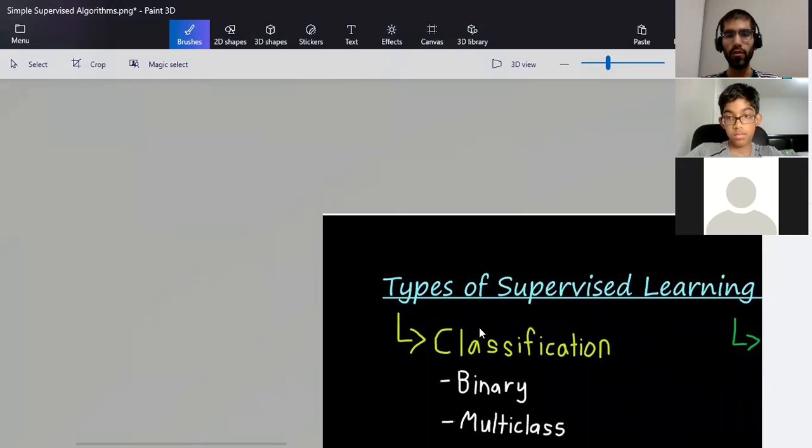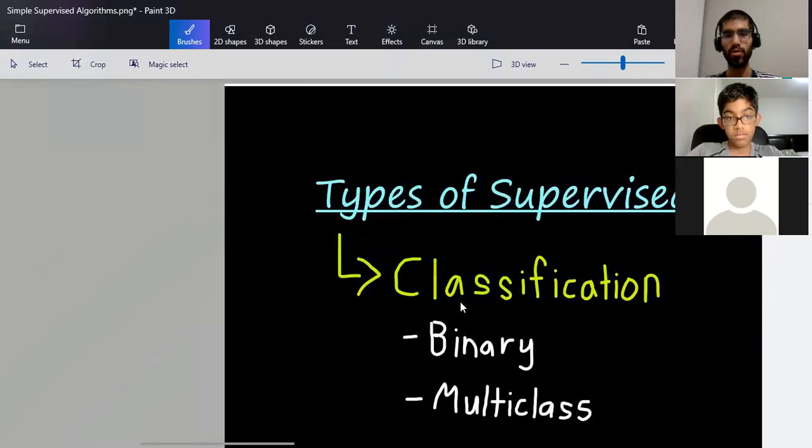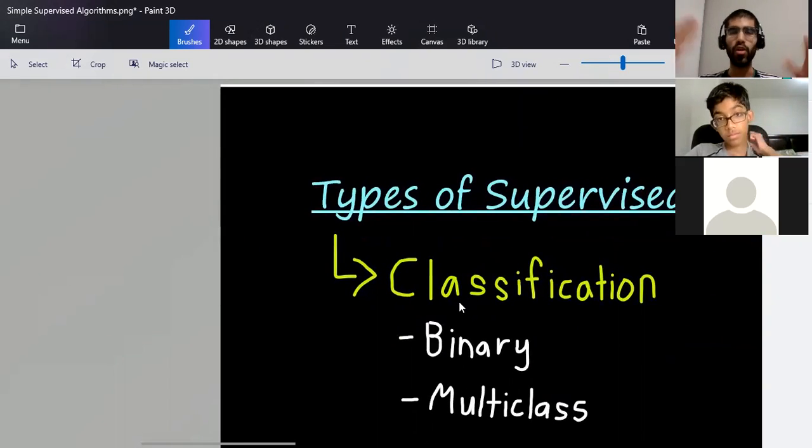We can also have multi-class classification. This is, for example, let's say you have an image, you want to figure out, okay, are there a road, a car, a pedestrian, or a stop sign in this image? So now you have four classes. That's what they're called, classes. It means the number of outputs, and you have to choose between one of these four.